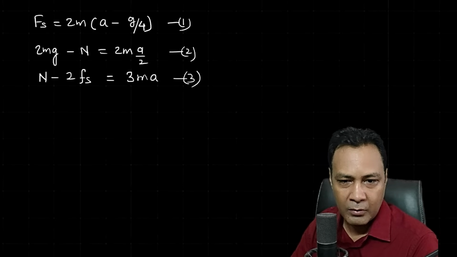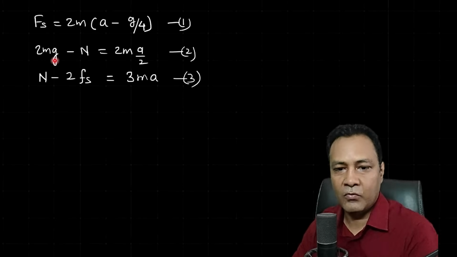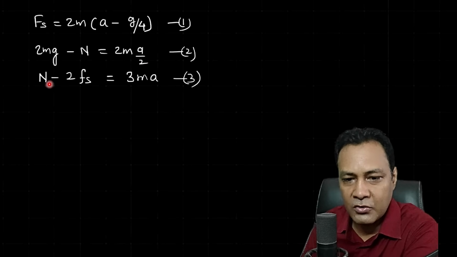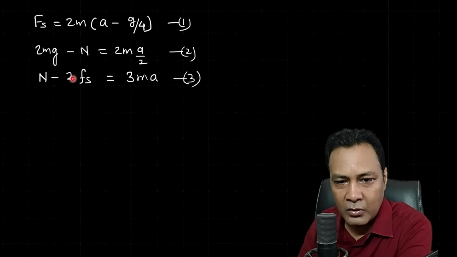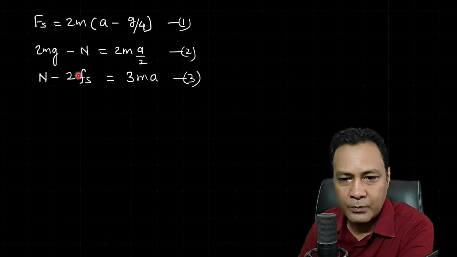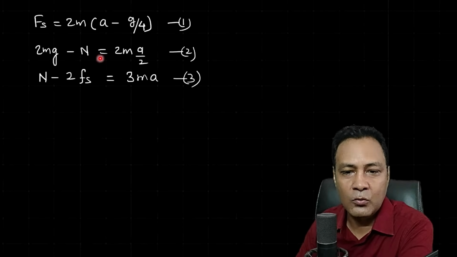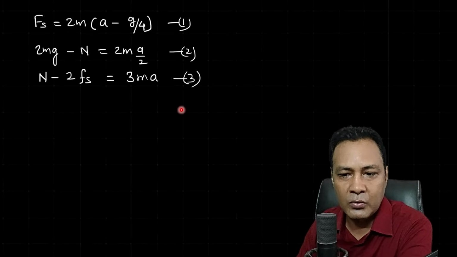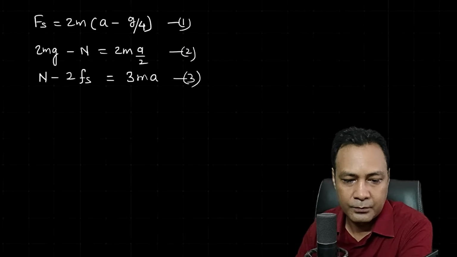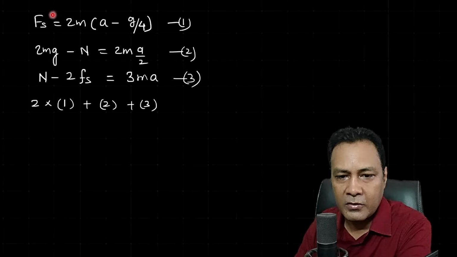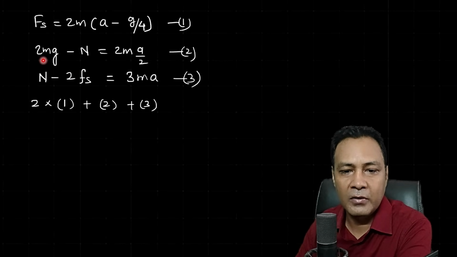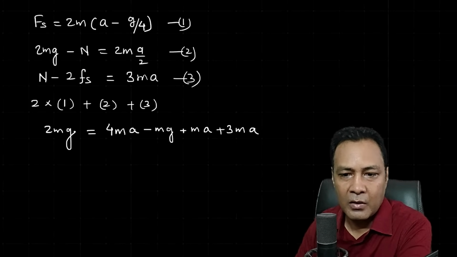Bringing back these equations: two were from the translation motion, and this is from the torque. I want to first eliminate Fs. If I multiply equation 1 by 2 and add with equations 2 and 3, then 2Fs and −2Fs will get cancelled, −N and N will get cancelled, and we will remain with 2mg on this side.